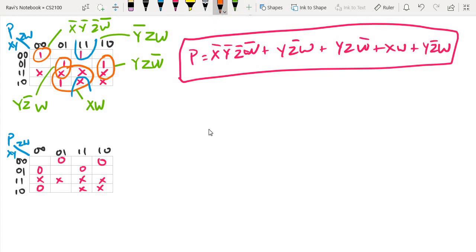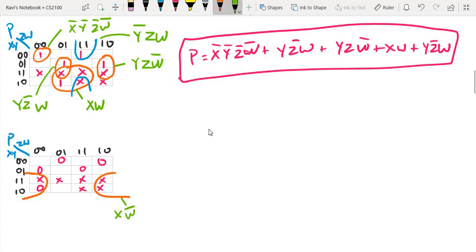Coming back to here, for example, this x0 and this xx, we can actually do a wrap around. By doing a wrap around here, what do we get? We get X W bar.